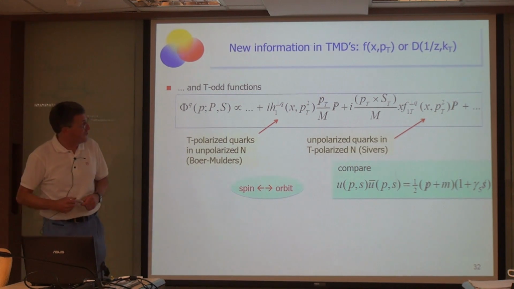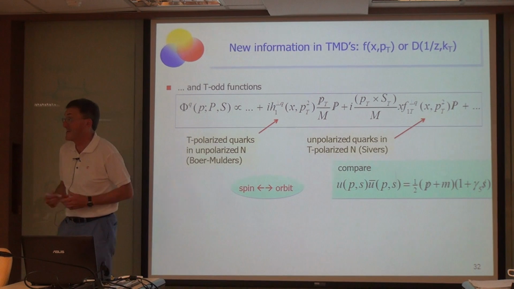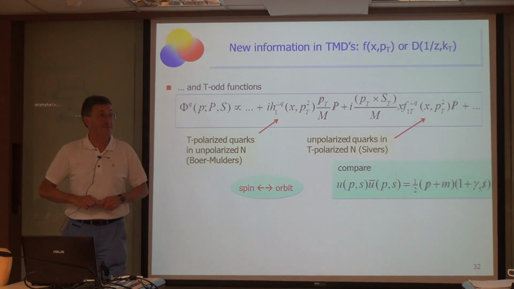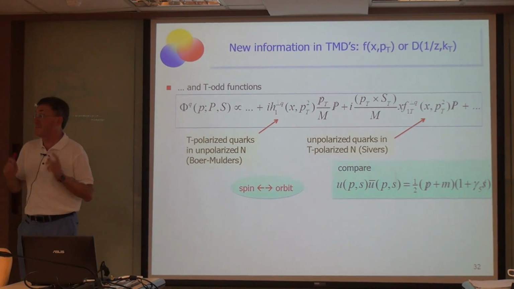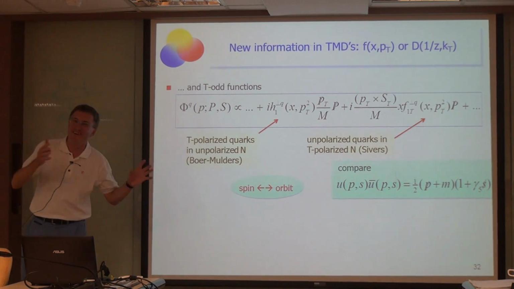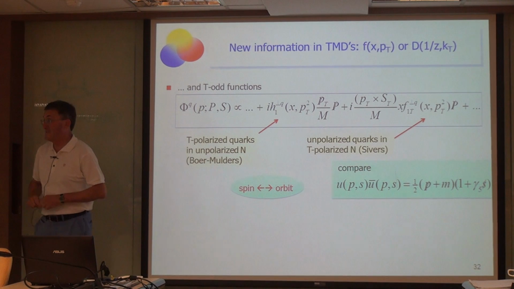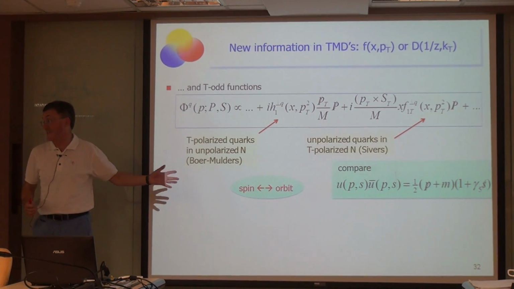Although this is of course not spin-orbit in the sense of L dot S. Be careful. People often say we can measure orbital angular momentum in a nucleon using TMDs. That's impossible, let me tell you. Impossible in a direct way. I mean, if there would be no orbital angular momentum, there would be only spherical PT dependence, and all of these things wouldn't exist.